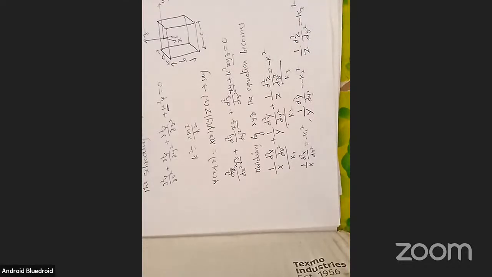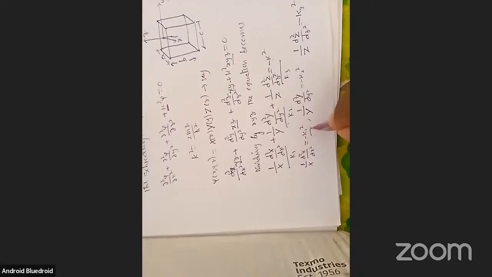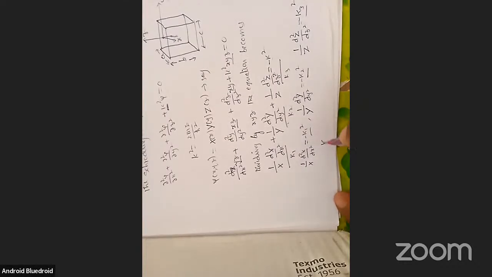So here K1 square, K2 square, K3 square. So K square is equal to K1 square plus K2 square plus K3 square. Okay. So this is the minus one, which changes the equation between the LHS and RHS values.